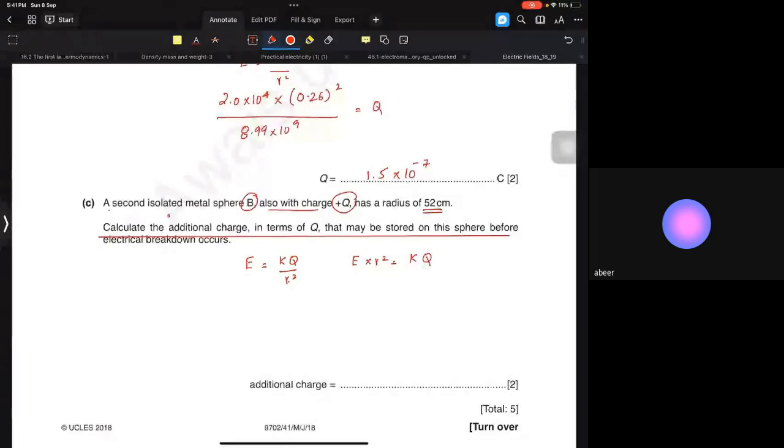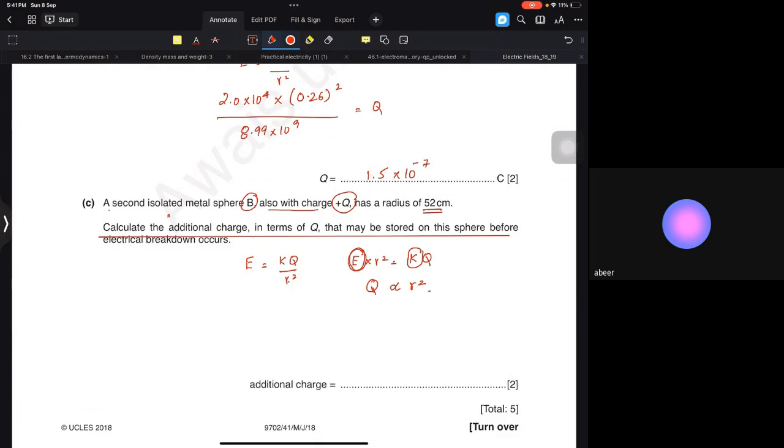Now, what I do, whenever you have to compare like things with some values common, like electric field strength, the maximum electric field strength is common, K is a common value. So you can basically create a proportionality that Q will be proportional to R squared. Do you guys understand this?